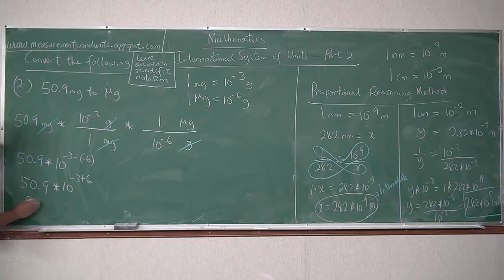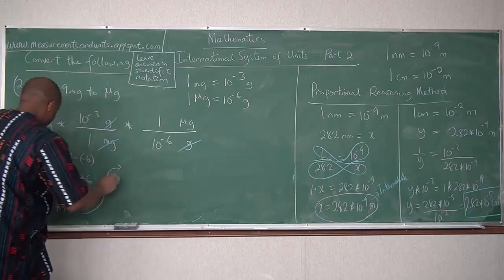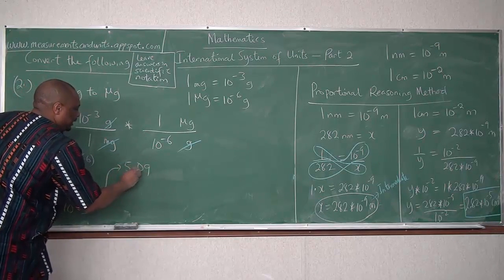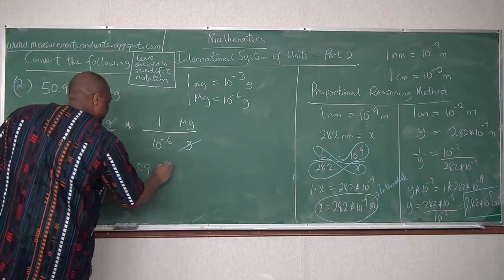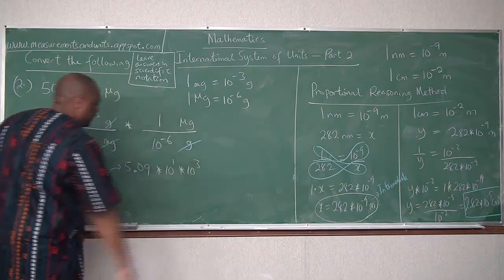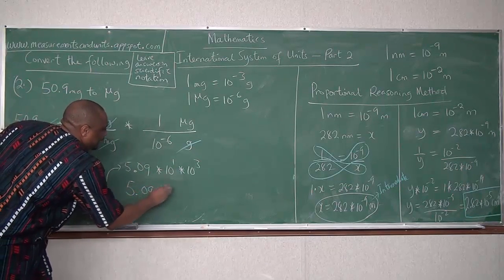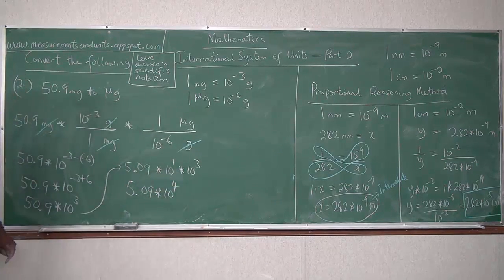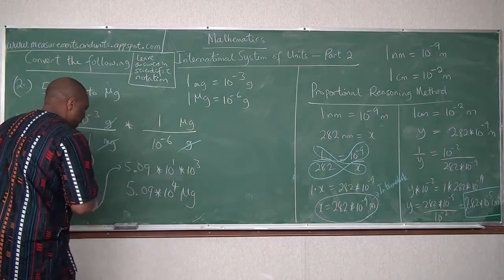So this will give us 50.9 times 10 raised to the power 3. And this will give us 5.09 times 10 raised to power 1 times 10 raised to power 3, which is now 5.09 times 10 to the power 4. 1 plus 3 is 4. Microgram. Make sure you put microgram.